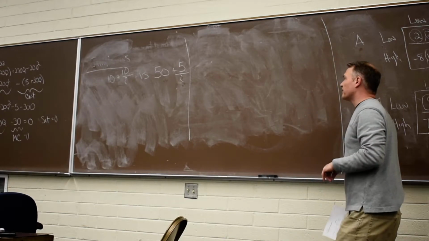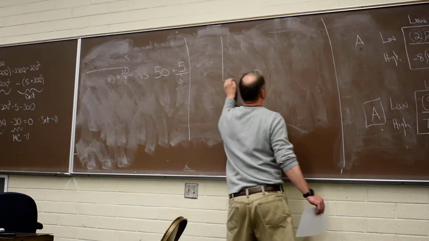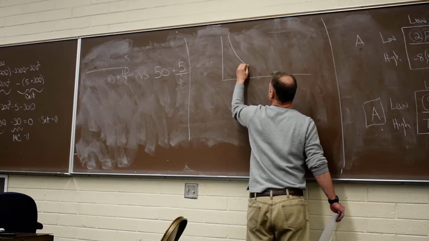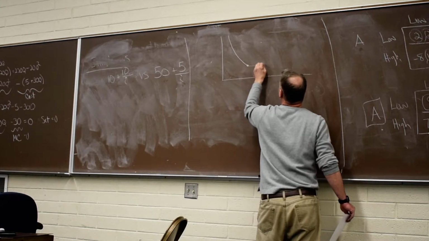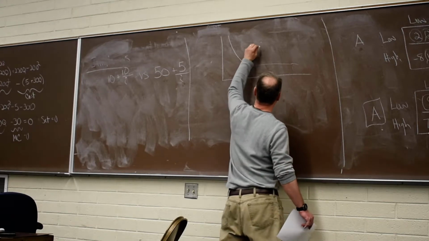Okay, so the minimum efficient scale. I did this. So I had here, and then I made this sharp turn, and I'm going to draw it like that. This is the minimum efficient scale.